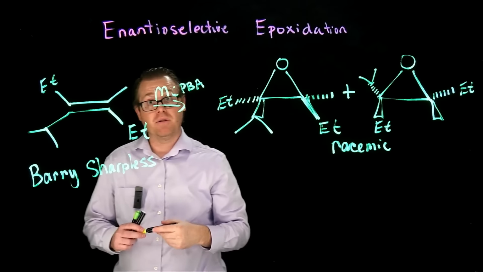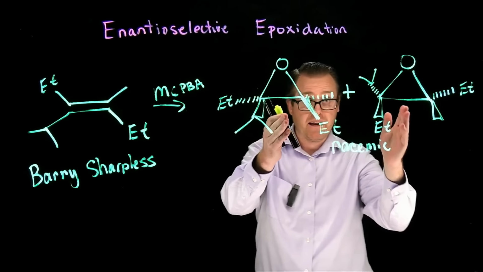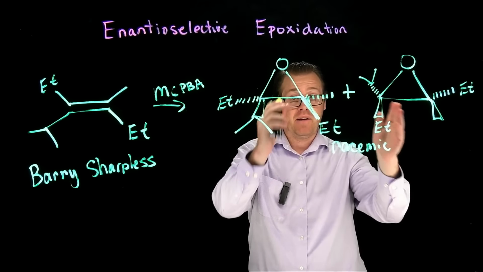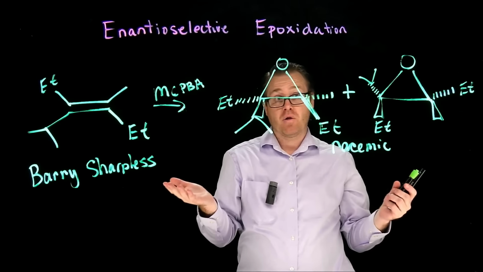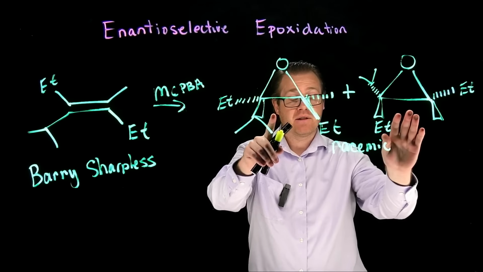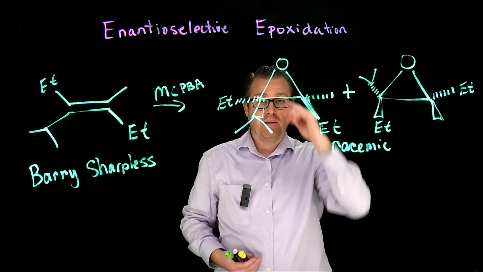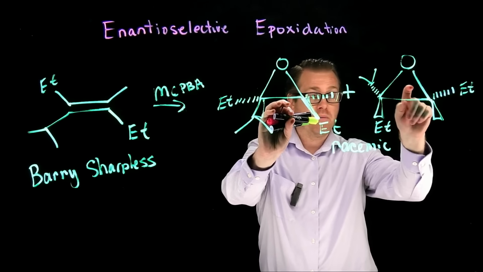Now that's pretty powerful, because when we just use MCPBA, we get a 50-50 mix. And if you only want one enantiomer, well, your yield has already been chopped in half because you have two enantiomers. And then it's going to be really difficult to separate your one enantiomer from this one.